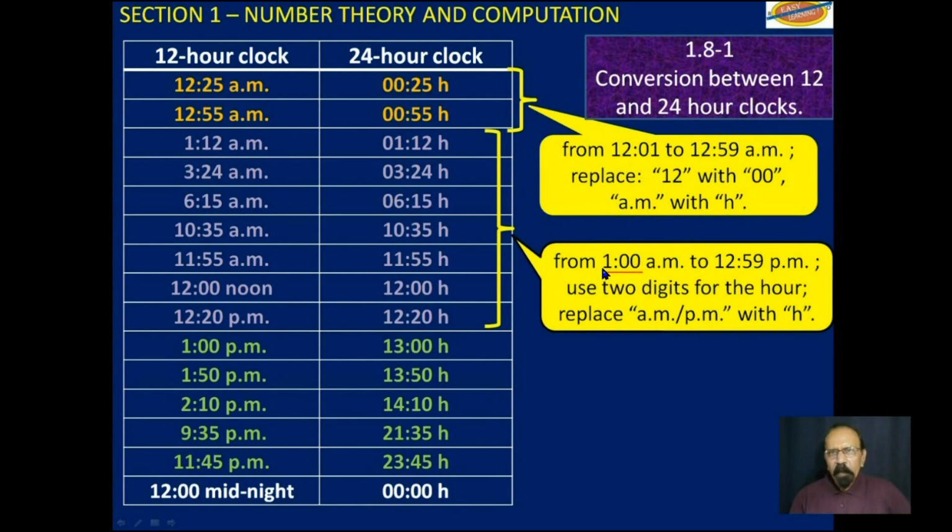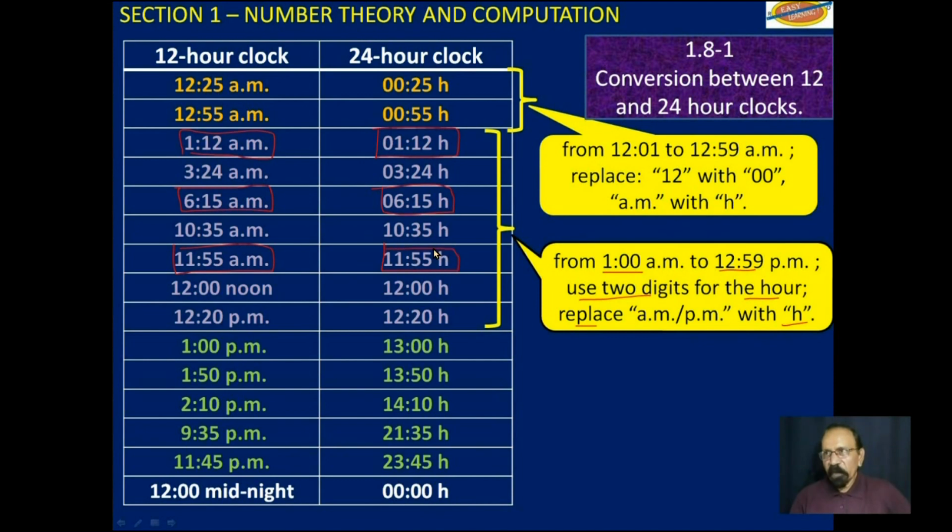That is between 12:01 and 12:59. From 1 a.m. to 12:59 p.m., use 2 digits for the hour and replace AM or PM with H. For example, 1:12 a.m. becomes 0112 hour, 6:15 a.m. becomes 0615 hour, and 11:55 a.m. becomes 11:55 hours.